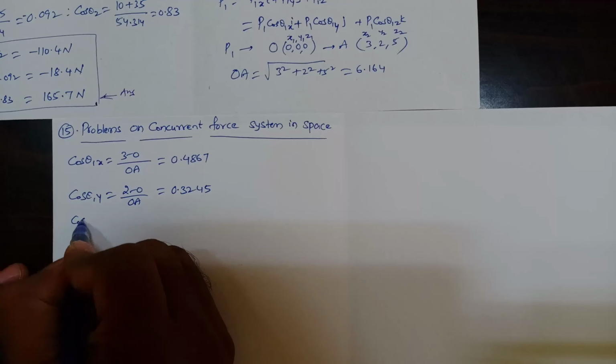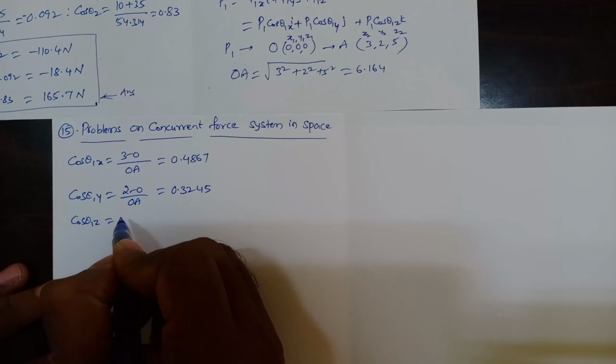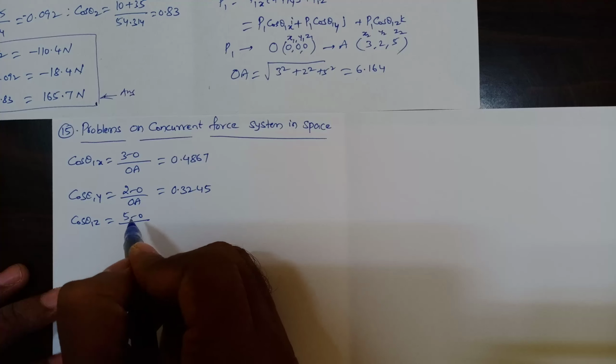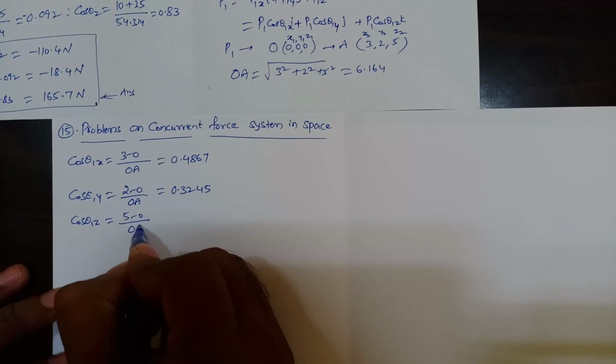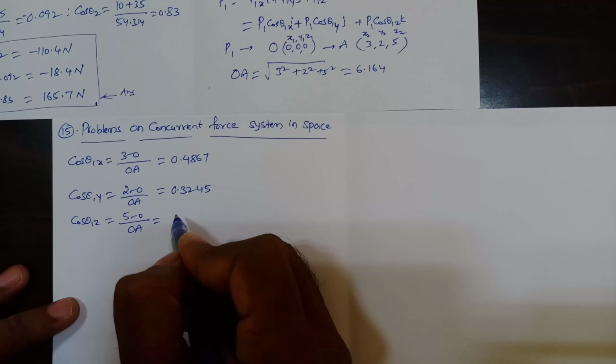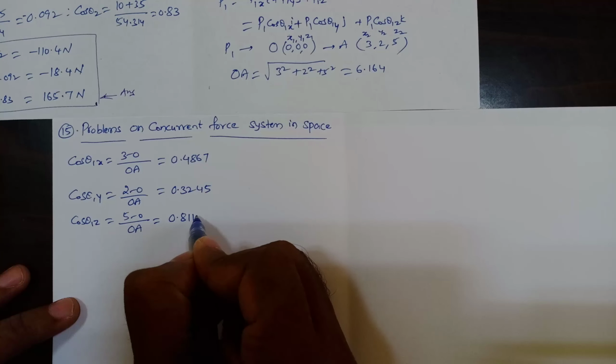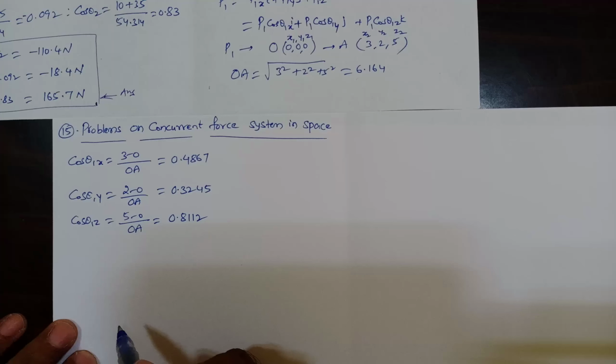And cos theta 1z is equal to (z2 minus z1), that is 5 minus 0, divided by L, which is OA, and it comes out around 0.8112. Now we know these direction cosines.